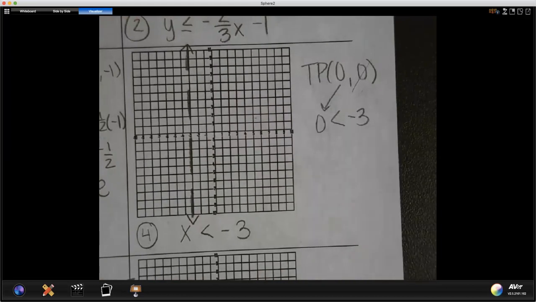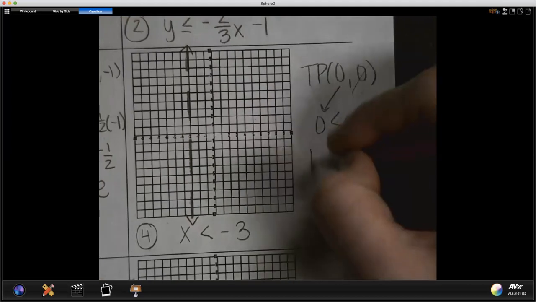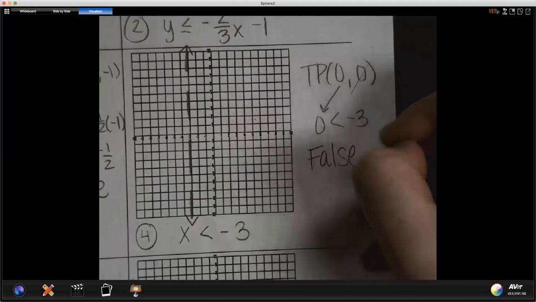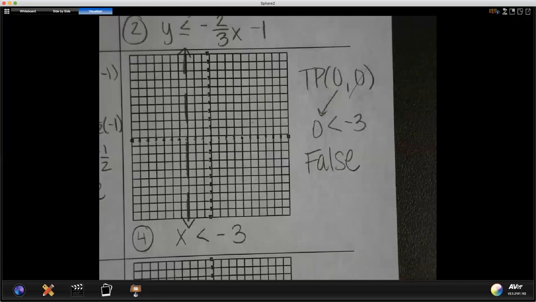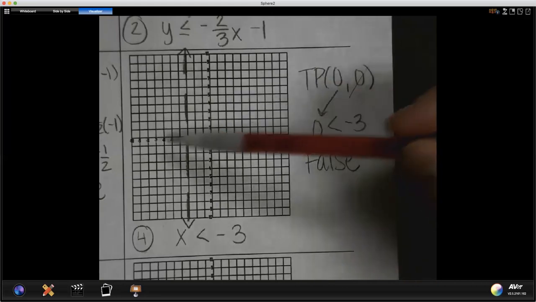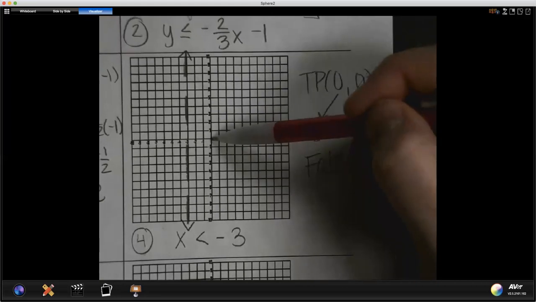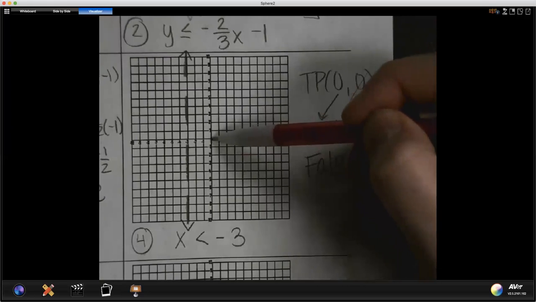No, that is not true. 0 is not less than negative numbers. And where is 0, 0 on my graph? On the left side or the right side? To the right. So therefore I should be shading to the left.